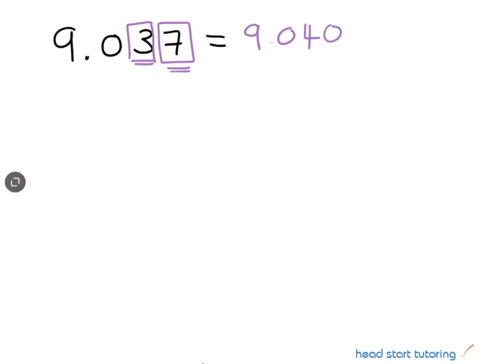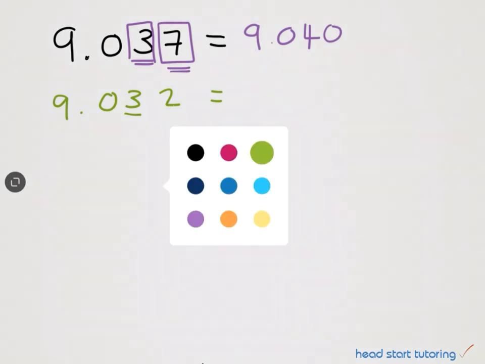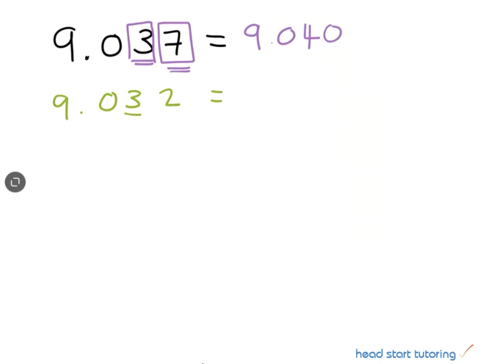Right, so let's have a look at a similar number, 9.032, rounded off to the nearest hundredth again. We have a look at our thousandths column. We've got 2 thousandths in our thousandths column. So that 2, because it is less than 5, we are not going to round this 3 up.